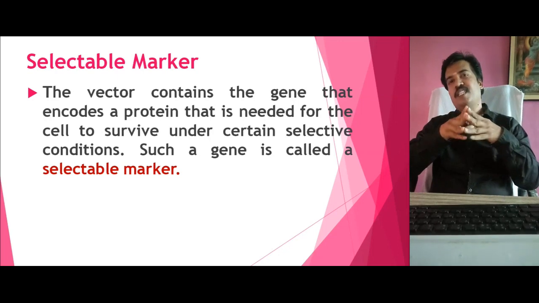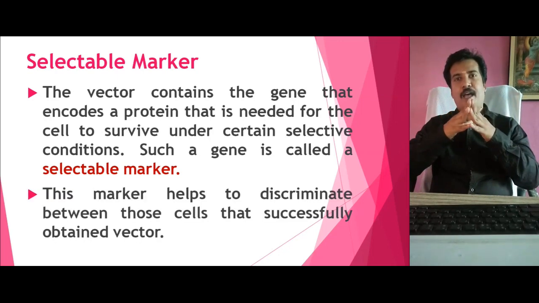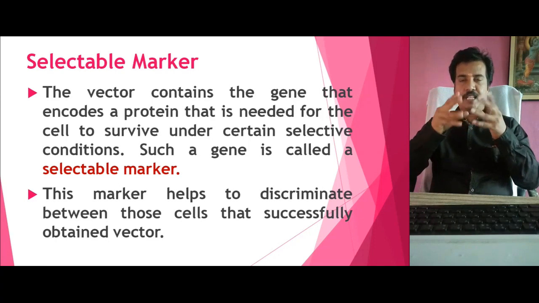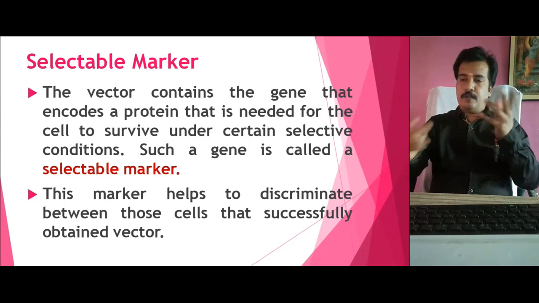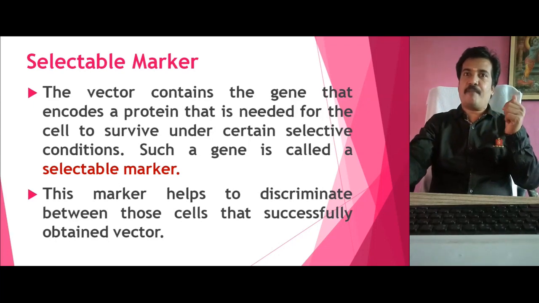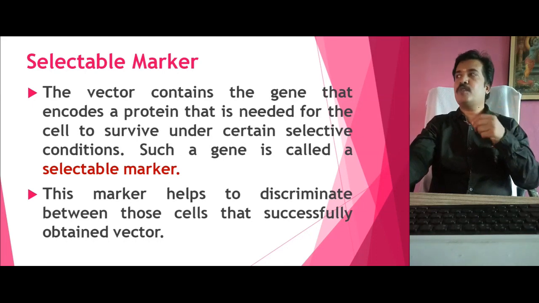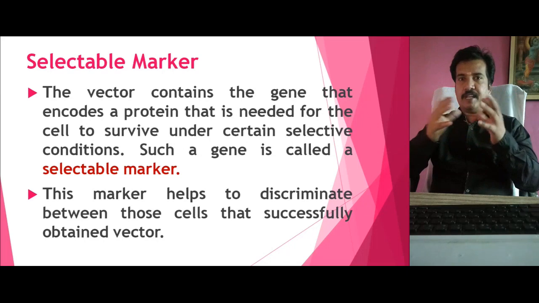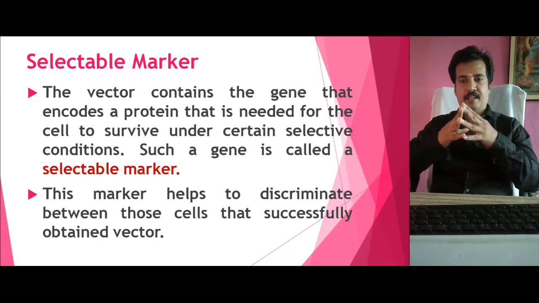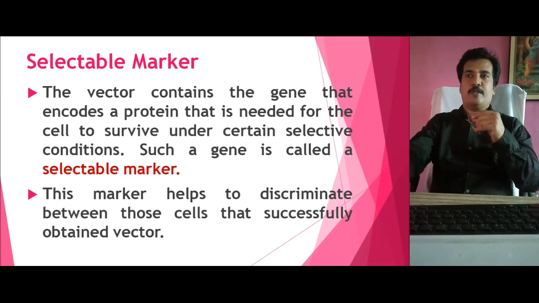If you see in pUC19, as I told, the ampicillin resistance gene is the selectable marker, which helps the bacteria grow in the presence of ampicillin. This characteristic makes a plasmid a suitable vector. By this marker we can also easily identify the cloned gene.